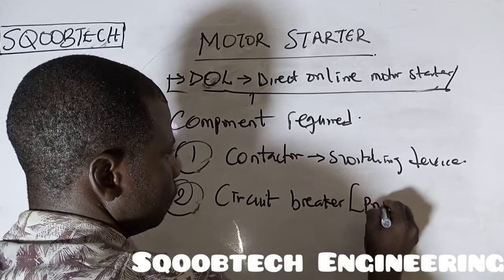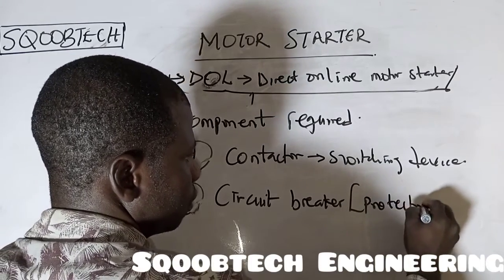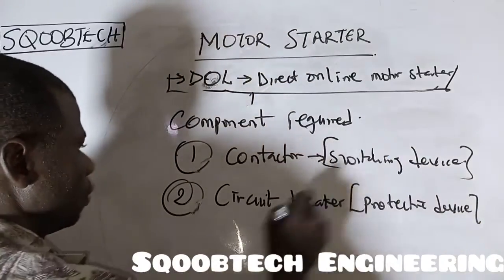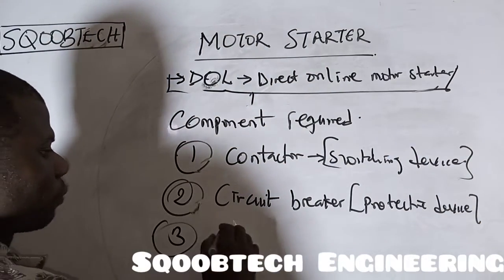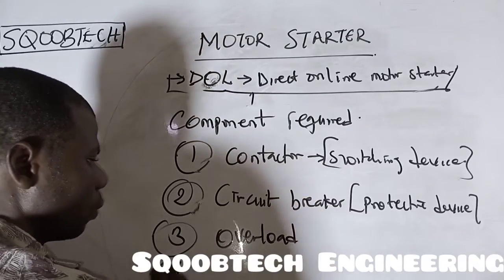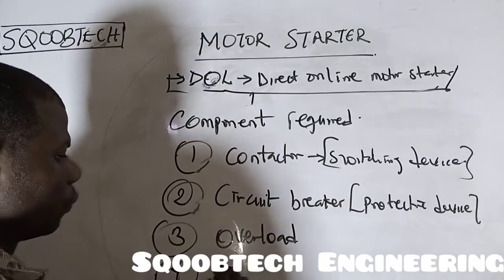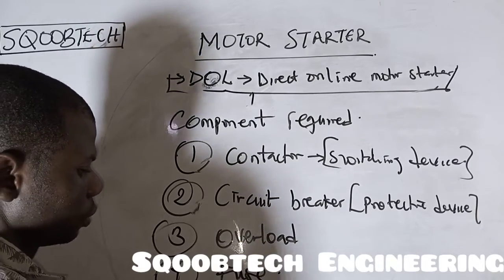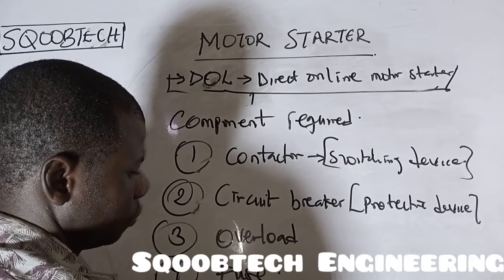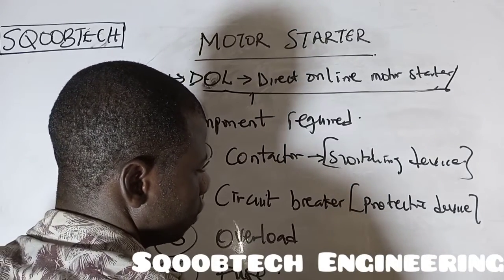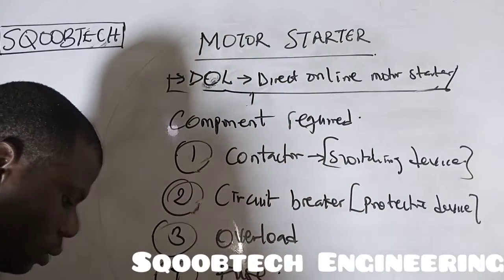This is a protective device. Then number 3, we have the overload. Number 4, we have your fuse. Number 5, your push buttons, that is the start push button and the stop push button.